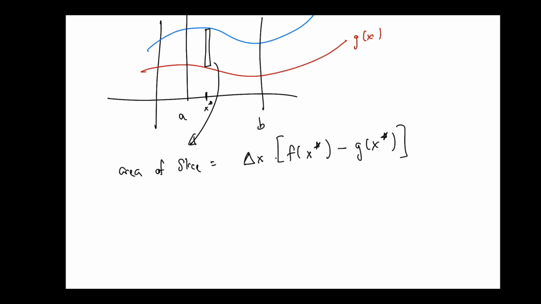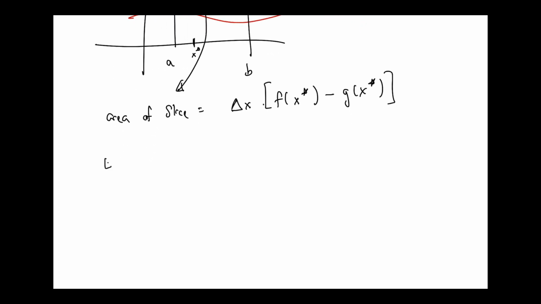So that's the area of one slice, and the exact value would be to do this: the integral of the difference of the two things. But fundamentally, we'd be slicing this thing up.